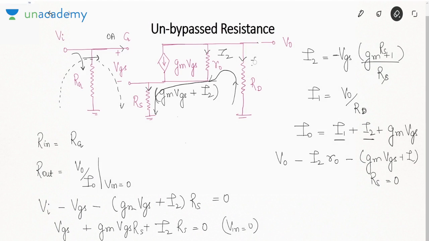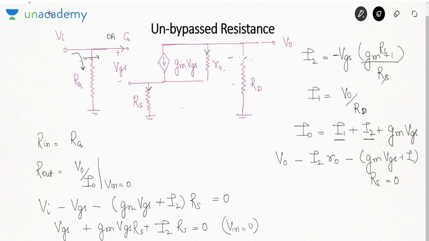I need this V naught. Let me remove this. So now I want V naught over Vi. Now Vi is nothing but, sorry, Vi is nothing but VGS plus this Vs.